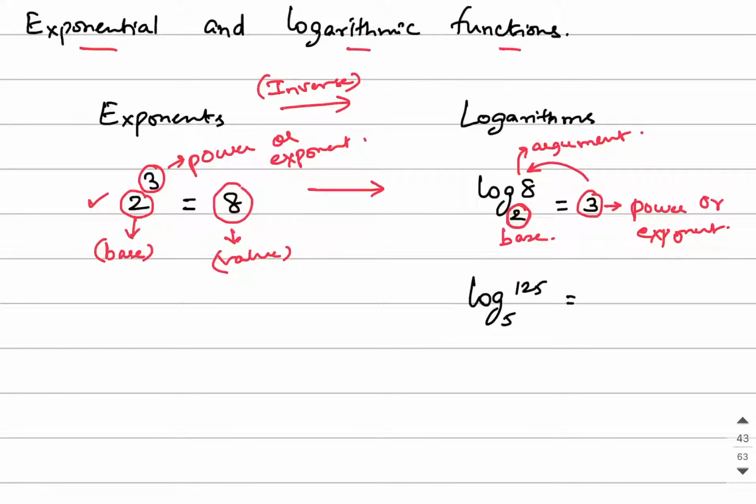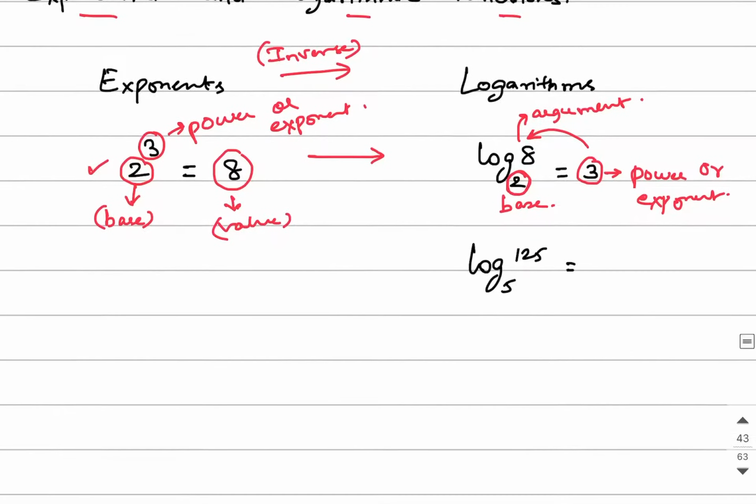Similarly, if you are asked to find the logarithm of 125 base 5 and write the same in exponent form, then what you are supposed to do is take the argument to the base. What is the meaning of 125? It is 5 raised to the power of what value? We don't know that value.